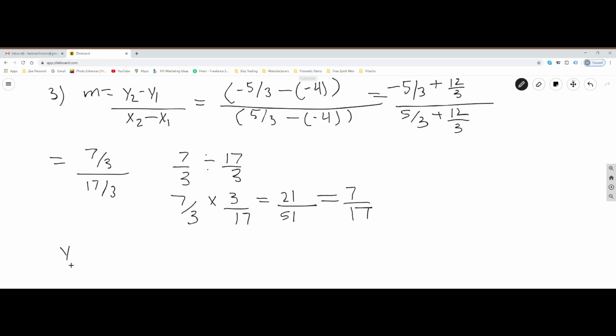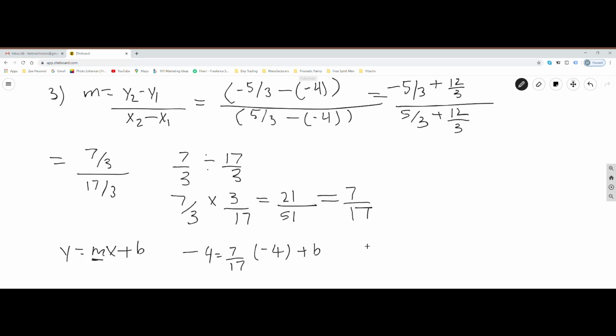So we have y equals mx plus b. We found the slope, but now we have to find the intercept, and we do this by inputting all of the information we have. We have a y point, so we can use -4. So -4 equals 7 over 17, which is the slope, times (-4) plus b.